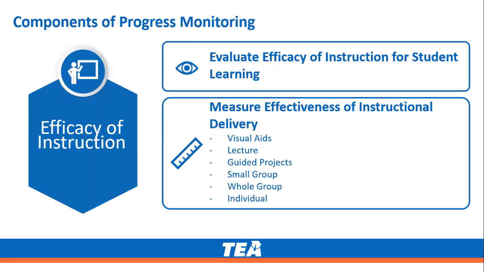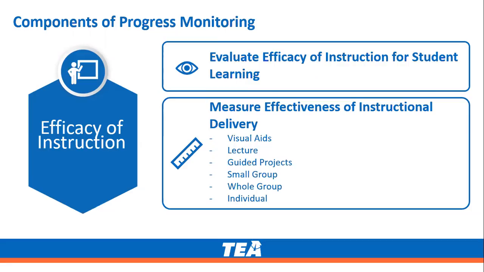The first area to dive into is efficacy of instruction. Progress monitoring provides the documentation and data needed to monitor the impact of instruction. Progress monitoring will allow us to observe and evaluate the effectiveness of methods of instruction delivery. In order to evaluate efficacy of instruction for student learning, we must measure the effectiveness of certain delivery methods.